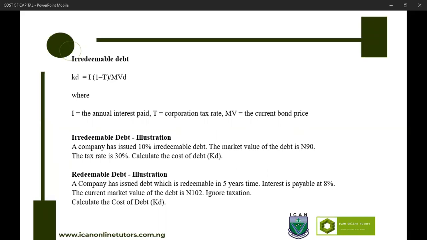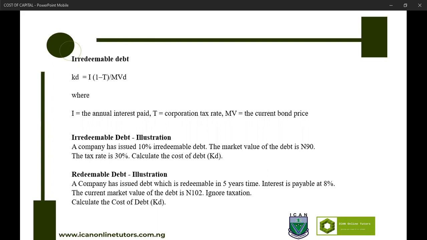Let's look at an illustration. A company has issued 10% irredeemable debt. The market value of the debt is 90 naira. The tax rate is 30%. Calculate the cost of debt. That will just be your interest net of tax divided by market value of debt.